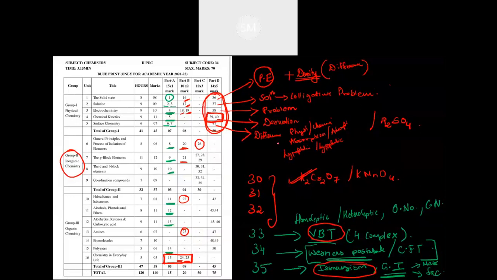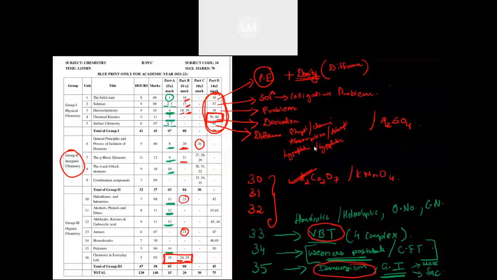That difference is here. Out of these 3, one will be definite, you can expect any one. Then there is the Hardy-Schulze rule and all that. When I talk about surface chemistry in detail, I will tell you. For the time being, first you focus on this. I'll come to that later on.